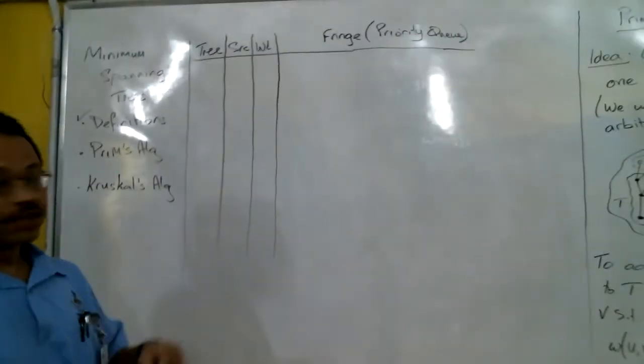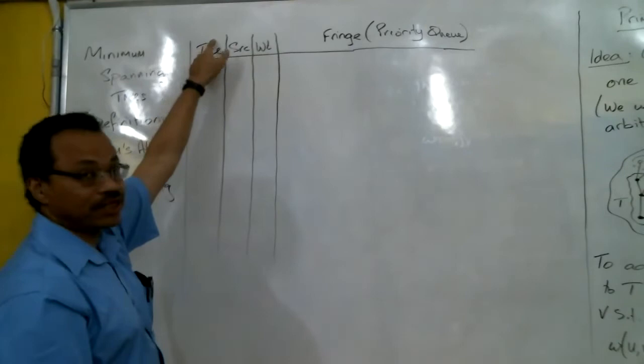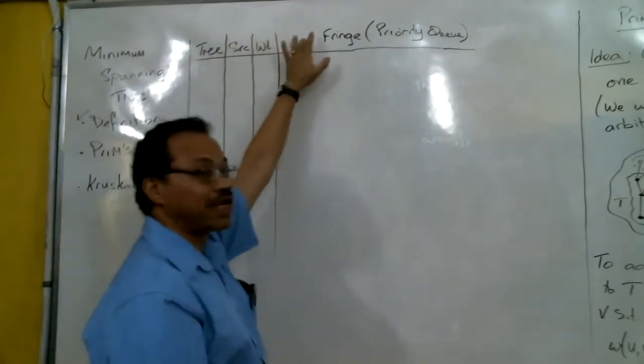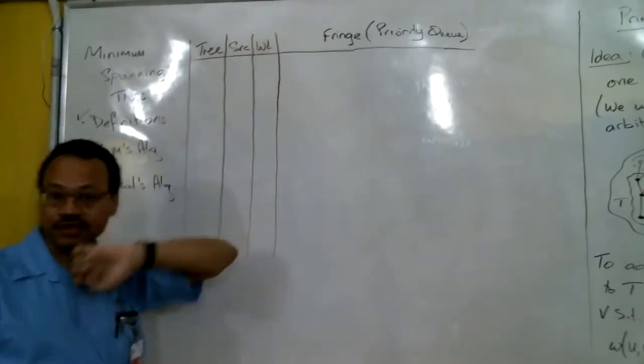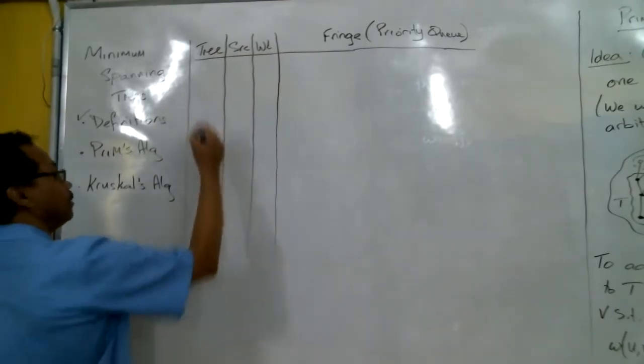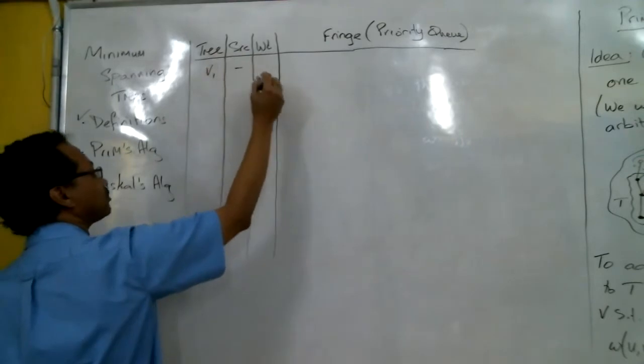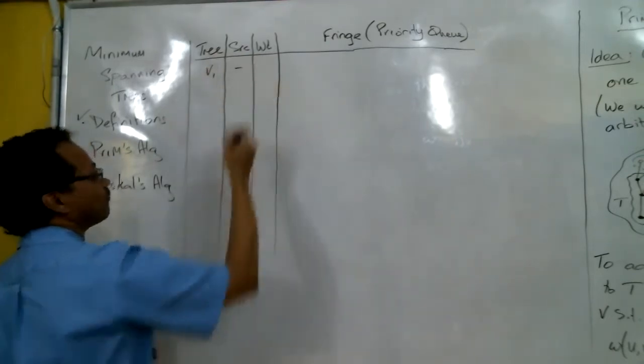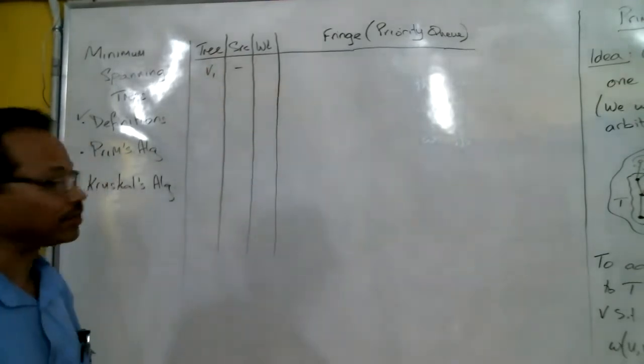And so, just like we said, this is just like visited in traversals, and your fringe is just like your discovered nodes in a traversal. So we're starting from V1, so we wouldn't have any source. And of course, since you don't really have an edge, there's no real weight to that.